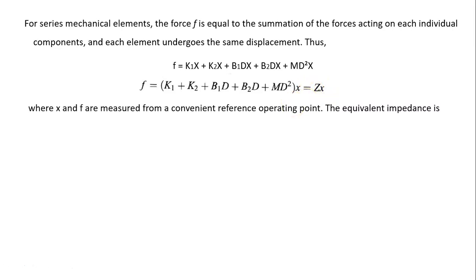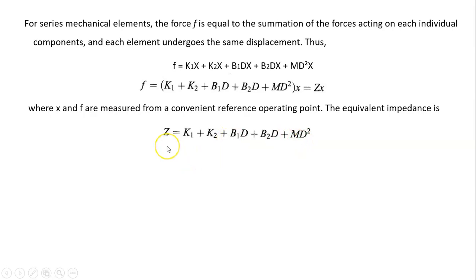Where x and F are measured from a convenient reference operating point, the equivalent impedance is, now Z is known as equivalent impedance. Therefore, Z is equal to k1 plus k2 plus b1D plus b2D plus m D squared.